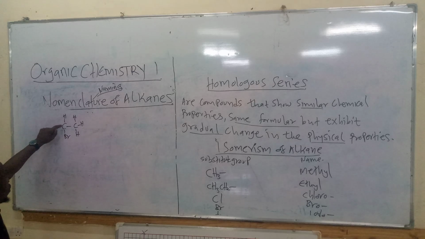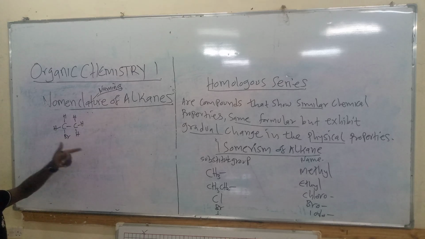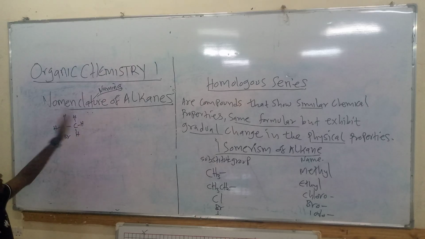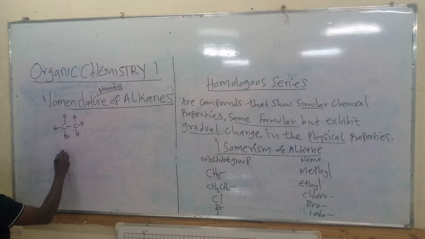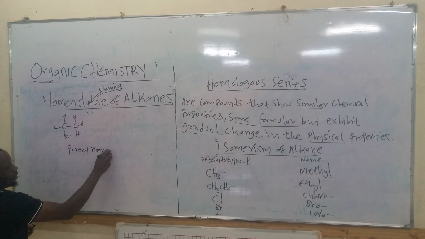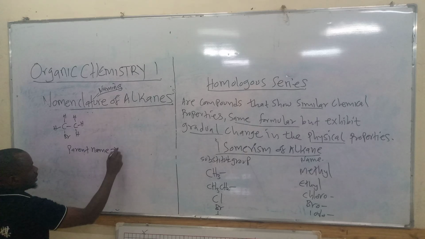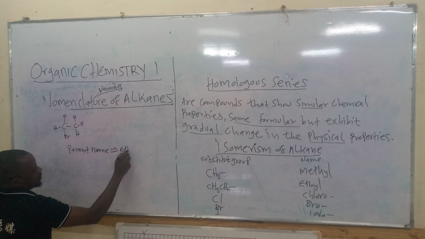When you start from this side, 1, 2, there are 2 carbon atoms. When you start from this end, 1, 2, also 2. Whichever side you start from, the number of carbon atoms remains 2. So the parent name is from the first 10, and this is ethane.